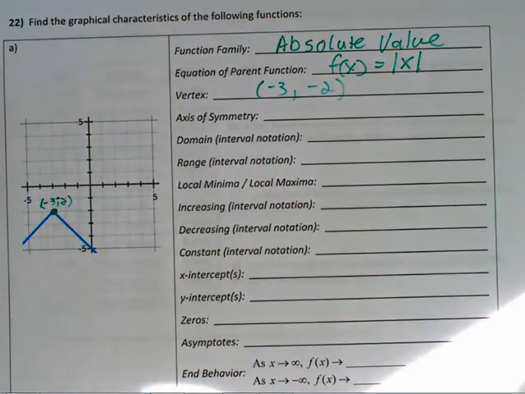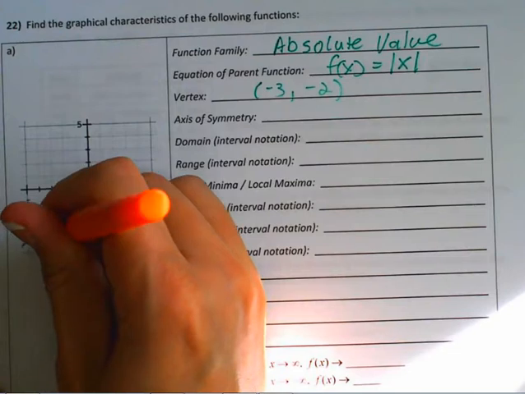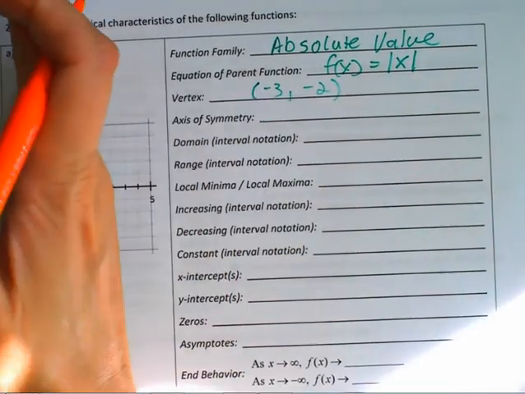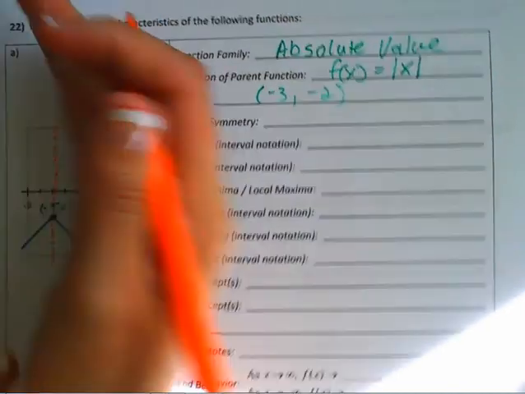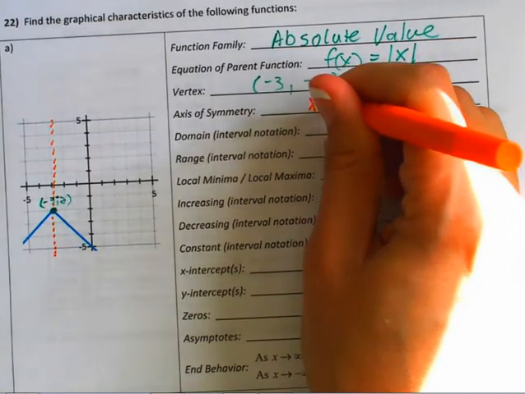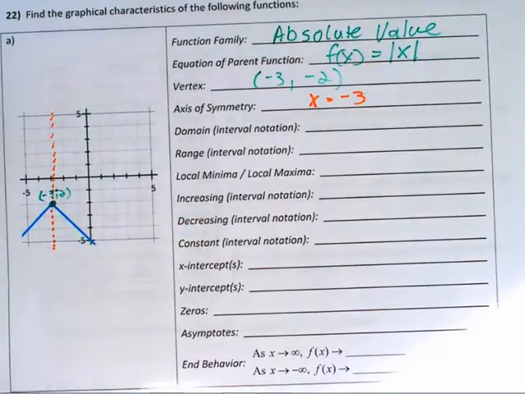Okay, the axis of symmetry, which we've talked about, is the line that cuts that graph in half, and it's the same on both sides. And again, that's a line, so that's going to be x equals negative 3.